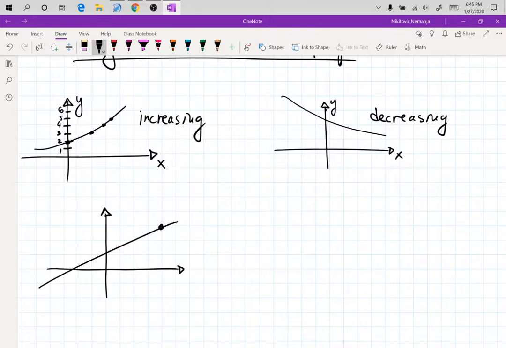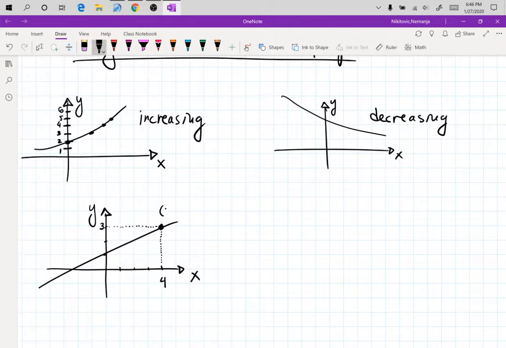So for this linear line, I can see that over here, when my X is 4, as I go up to hit this point, it bounces back into Y equals 3.